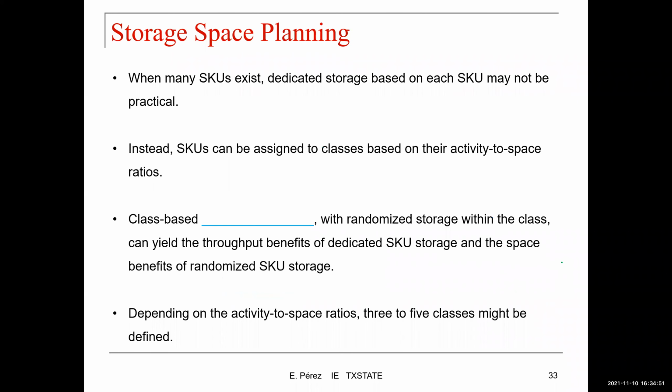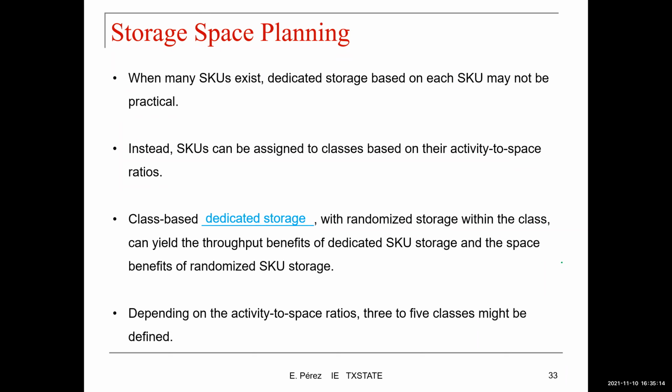When many SKUs exist, dedicated storage based on each SKU may not be practical. If you have 1 million products, then it will be very difficult to plan for every single one of them. Instead, SKUs can be assigned to classes based on their activity to space ratio.